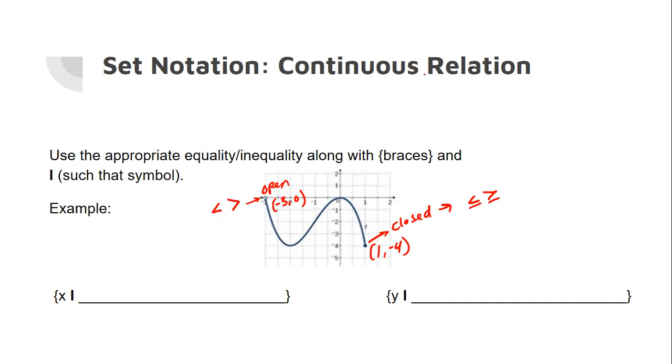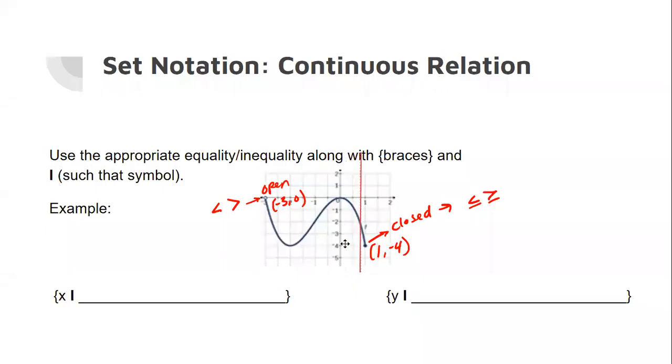Okay. When we're writing continuous relation, I just want to point out really quick that this is actually a continuous function. And I can tell that it's a continuous function. Does anyone remember what that test is called? It's a vertical line test, right? So the vertical line test tells me that if I have a vertical line, and as I move that vertical line, it only hits one point at a time, that means that this relation is a function.